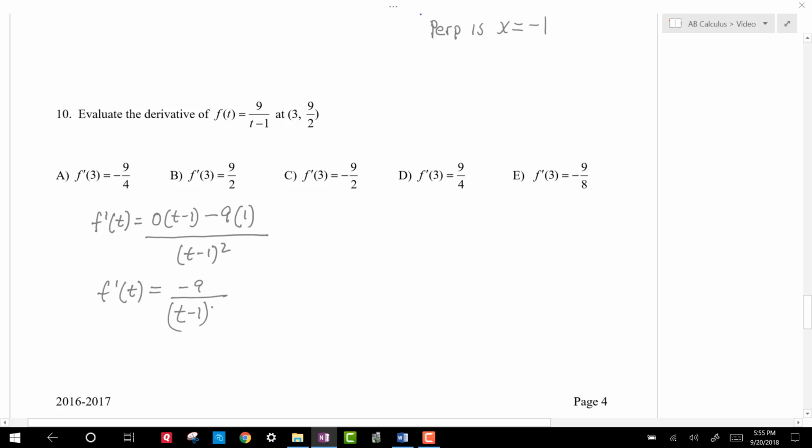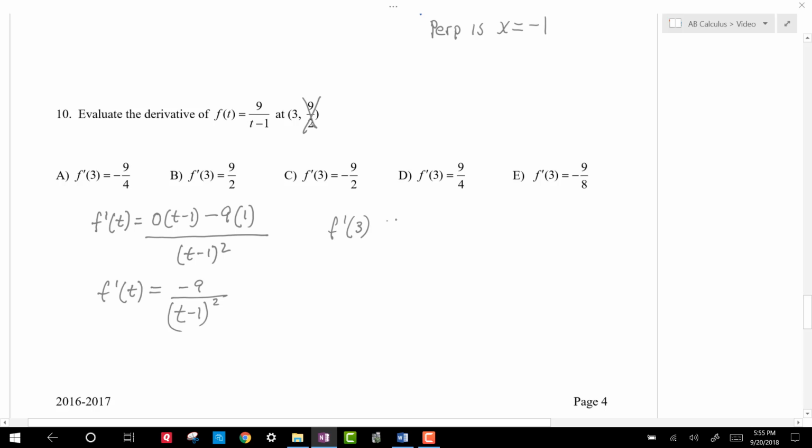So that's my derivative. Now, the 9 halves, I could care less about. It says evaluate the derivative at 3 comma 9 halves. I don't care about the 9 halves. All I care about is what's the value of t. t is equal to 3. So I need to find f prime of 3.